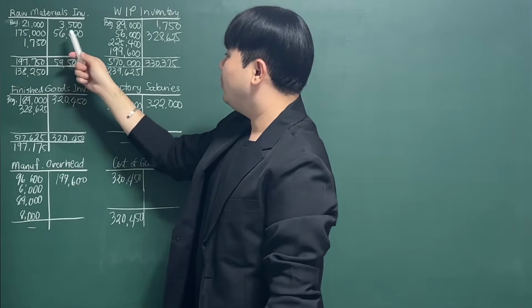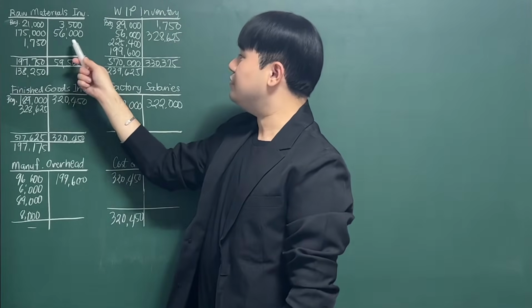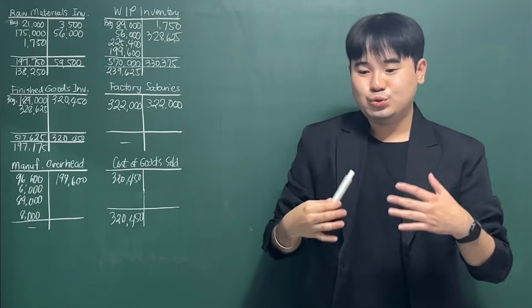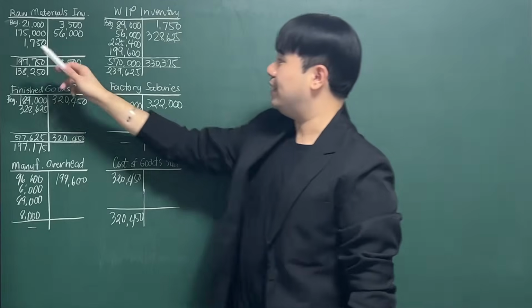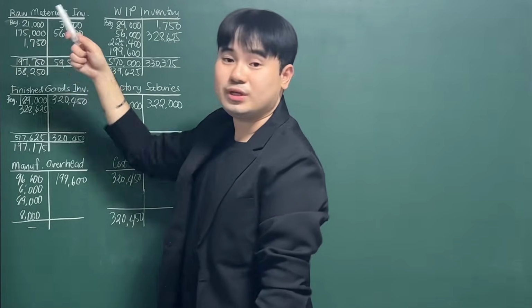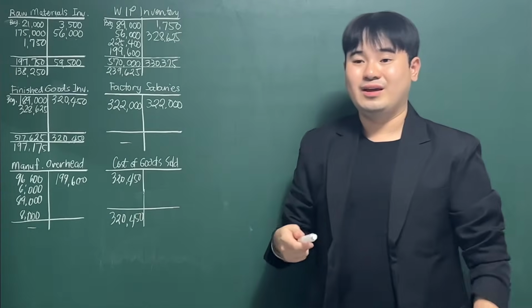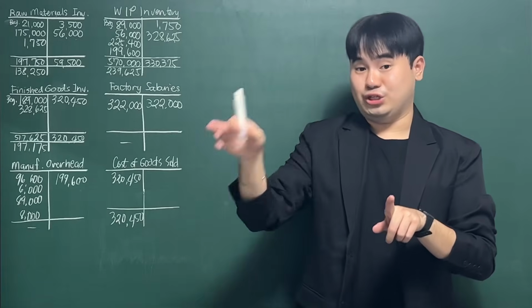And then let's now talk about this 56,000. Now this 56,000 here as credited, although when you credit raw materials inventory it might mean that you return something to your supplier, this 56,000 can also mean, and usually most of the time, the materials that you actually issued to production.